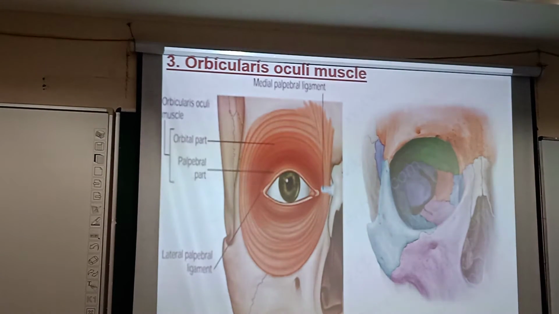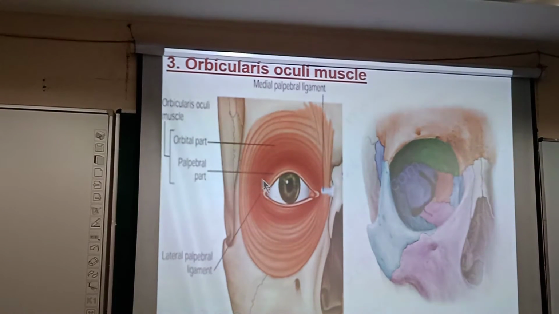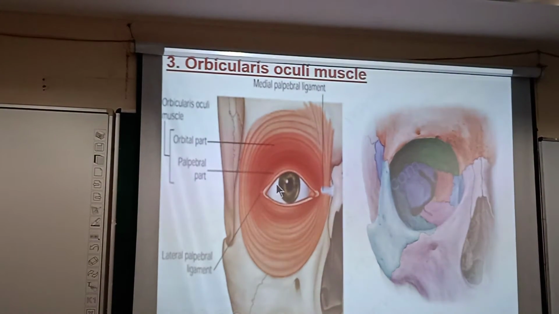So the sensory afferent fiber is going by the nasociliary branch of the ophthalmic nerve and motor is coming by the efferent, that is by the facial nerve, temporal and zygomatic branch. Here is the temporal branch, this is the zygomatic branch. So very useful clinical significance in the corneal reflex.